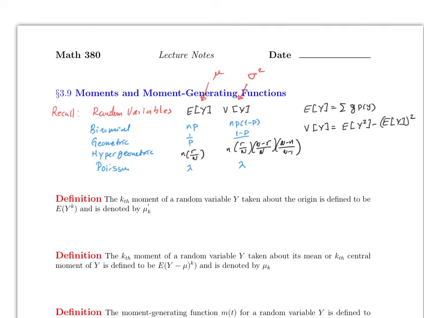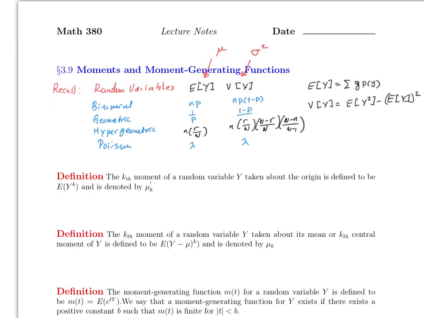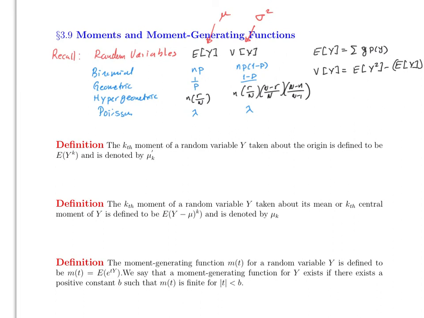So we're going to use some of this information right now, so that's why I review it. So here is the first definition. The kth moment of a random variable Y taken about the origin, meaning 0, is just defined to be the expected value of y to the k, and the book uses this notation mu k prime to denote the moment.